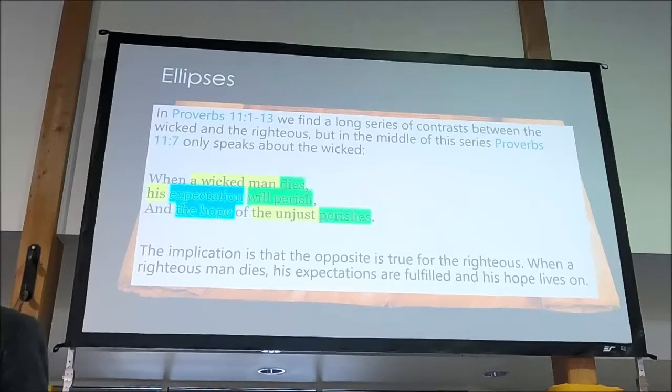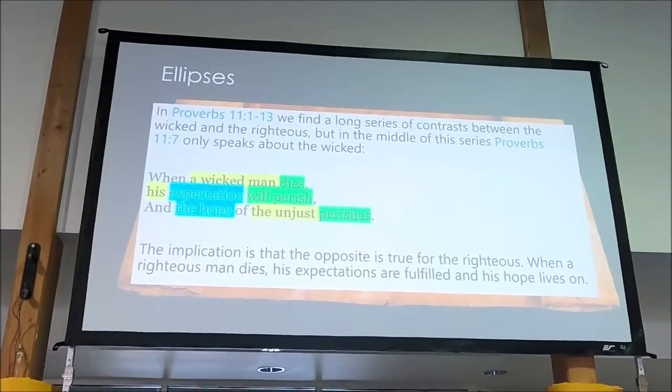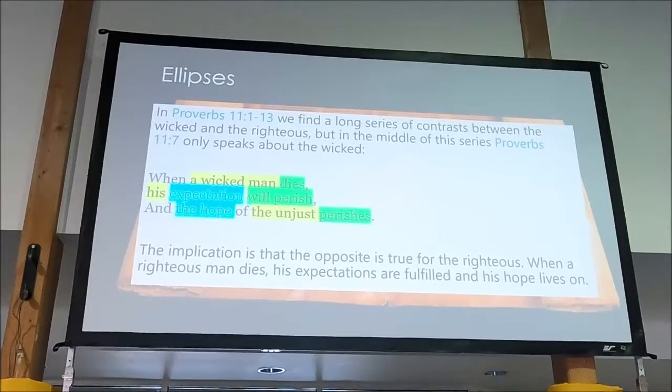Where's the righteous? Every verse before that, you have 6 verses of righteous, wicked, righteous, wicked, righteous, wicked. And then suddenly you've got only the wicked, insinuating that the righteous doesn't perish or die. Yeah, it's left as an implication.